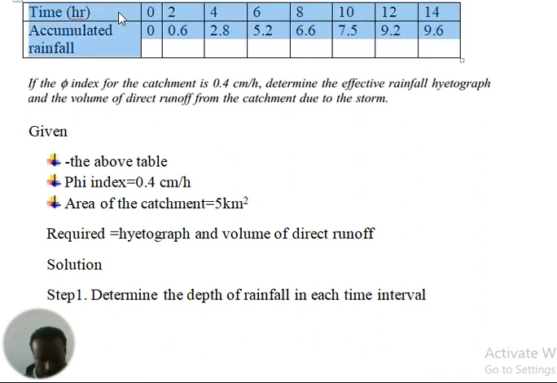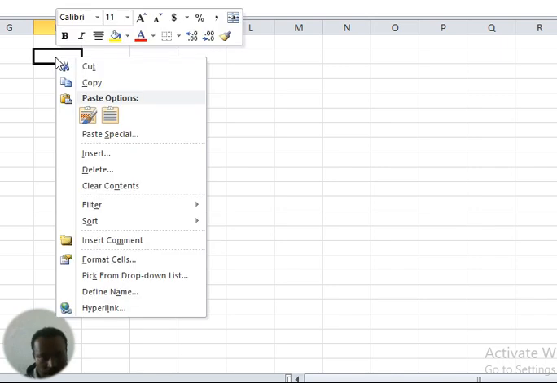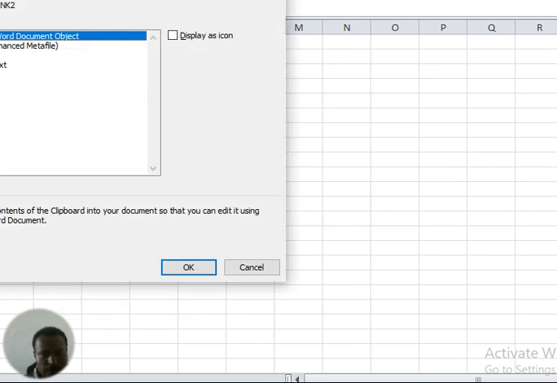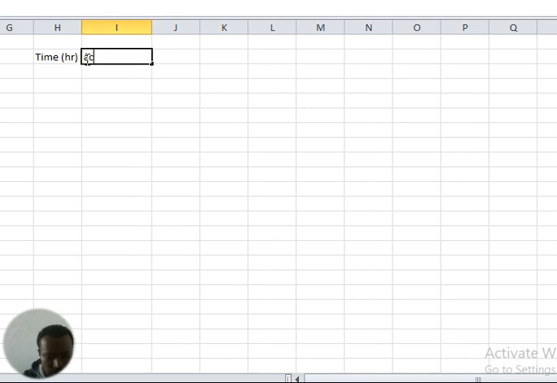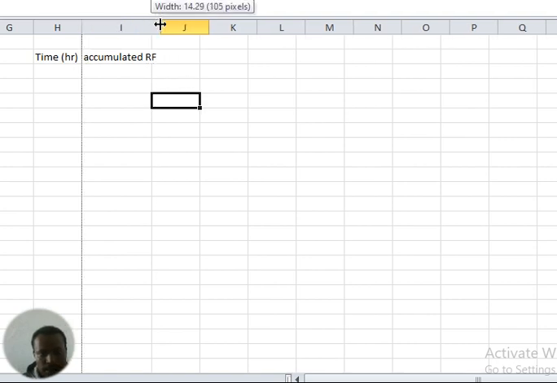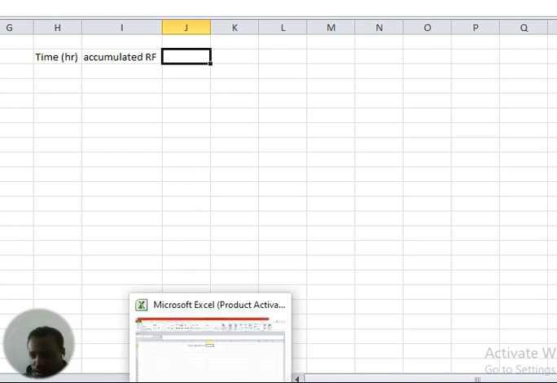Delete table, copy, then paste. Now, you can simply write time in hours and cumulative rainfall, accumulated rainfall.